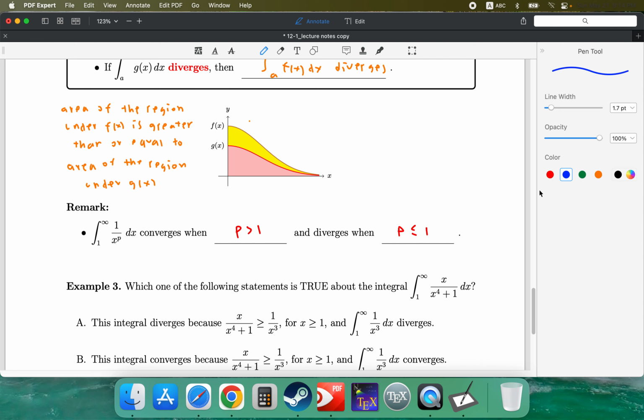Now you don't have to memorize this, but we will use it a lot. It is my suggestion to practice this several times and then you memorize it automatically.